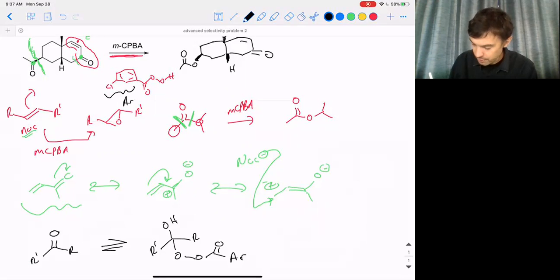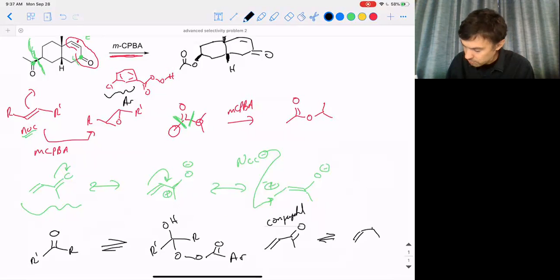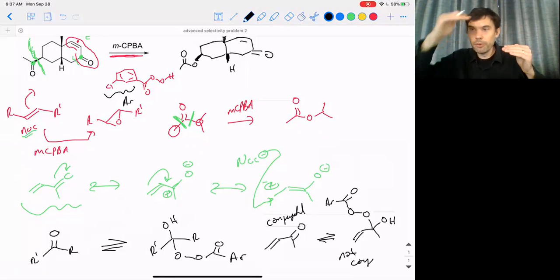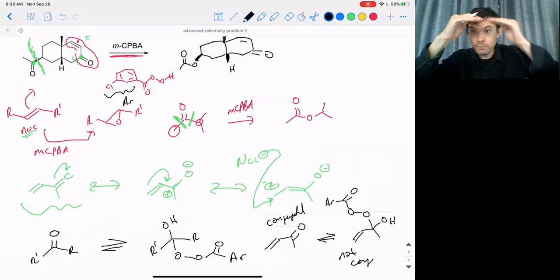And if we think about this in the context of an alpha beta unsaturated carbonyl, this one is conjugated. And if we have our same equilibrium here, this is not conjugated anymore. And so if conjugation makes that product more stable, and both of these have the same kind of energy in the intermediate, then if we think about it, this jump up should be smaller than the more stable leap up.